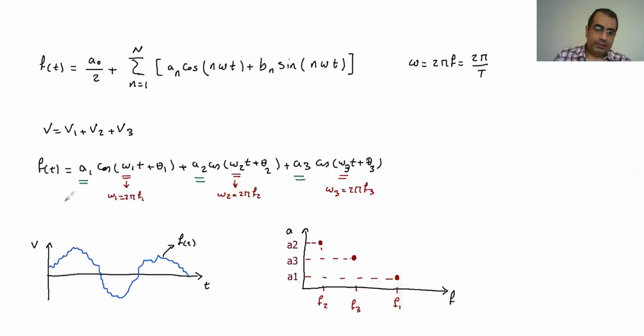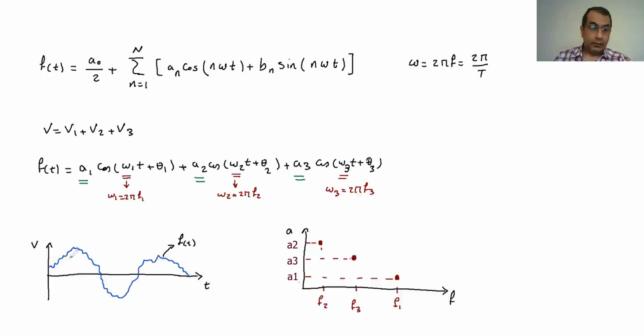So this is what I have in the time domain, and I can say, look at it, instead of having it in the time domain, I can have it in the frequency domain. So the entire signal, which contains maybe thousands of data points in time, is just converted to three data points in the frequency domain: 1, 2, and 3.